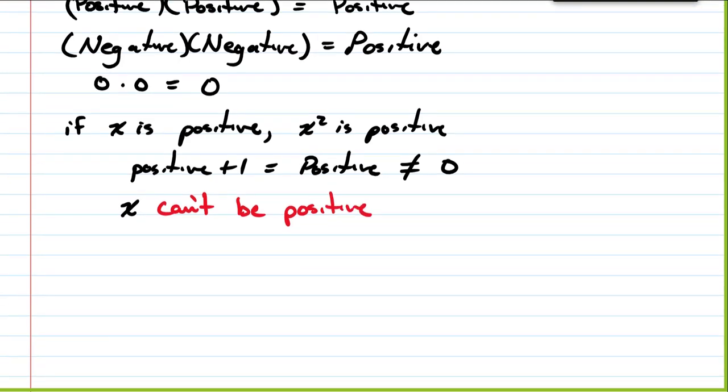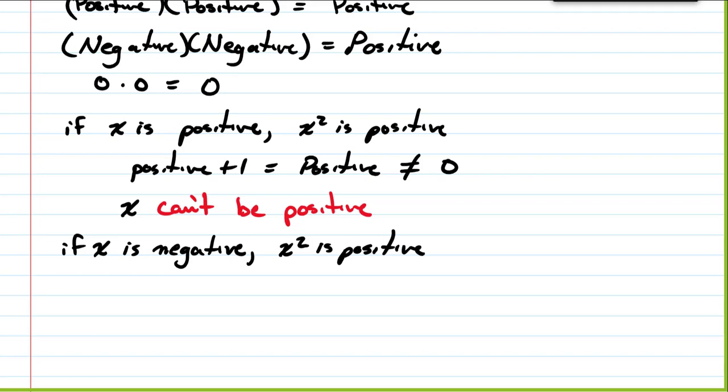And if we do the same thing with a negative, if x is negative, once again, x squared is positive. And that puts us back in the same case. So this is the same as above.